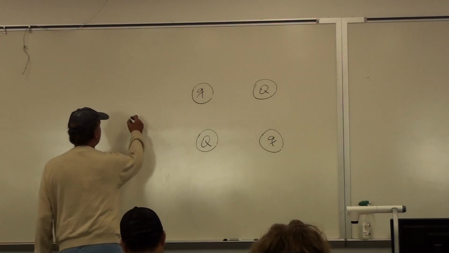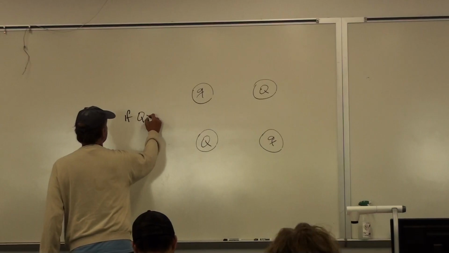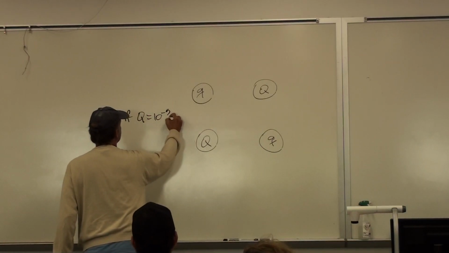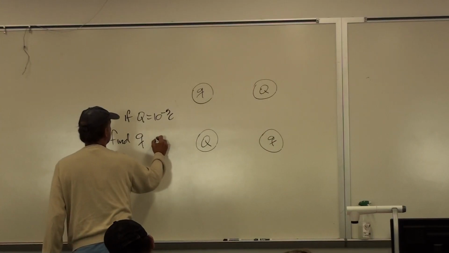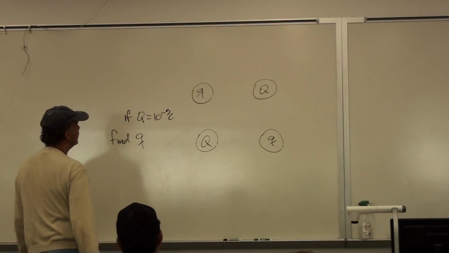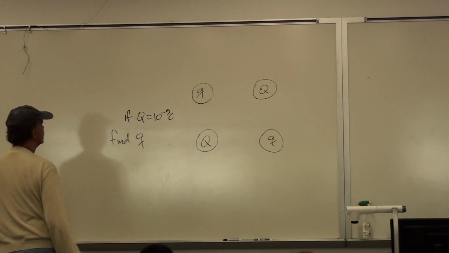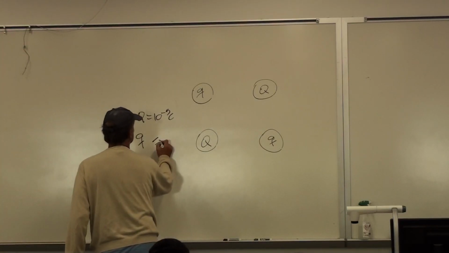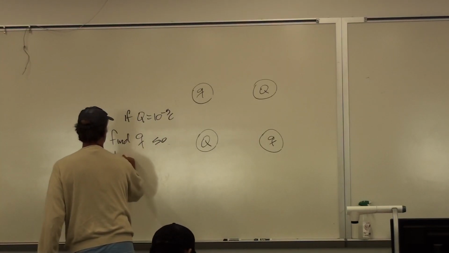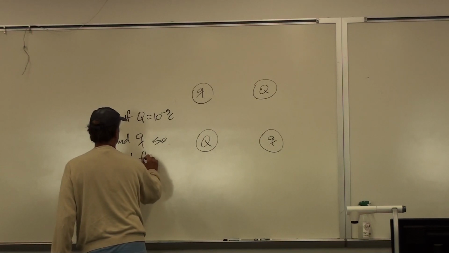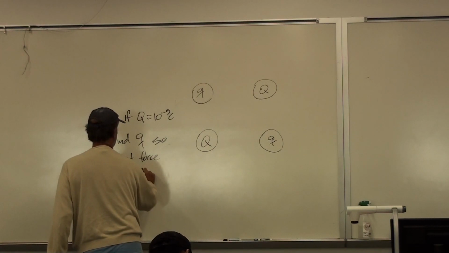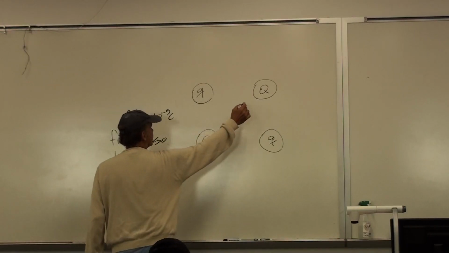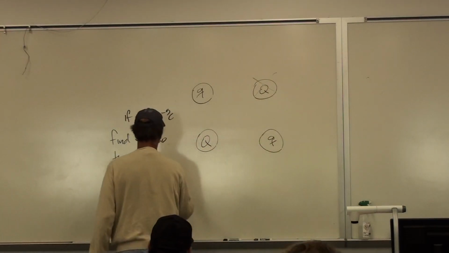And so let's say if Q equals 10 to the minus 5 coulombs, let's find little q such that the force on the upper left-hand corner is 0. Let's say upper right-hand corner. Let's go with this one.